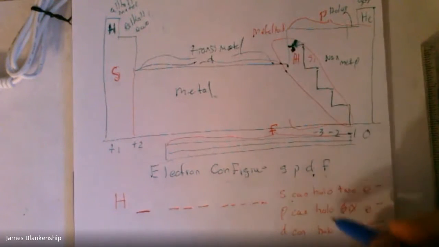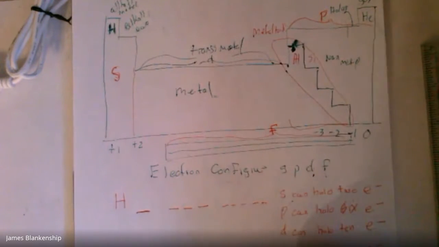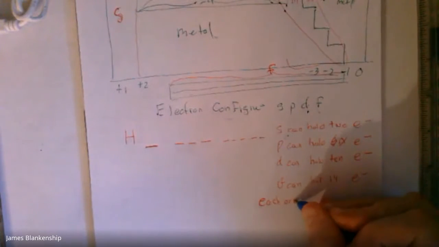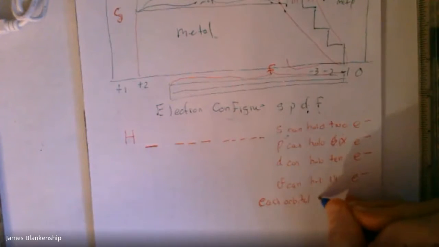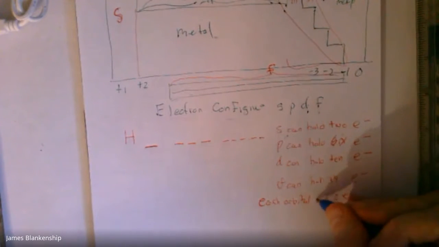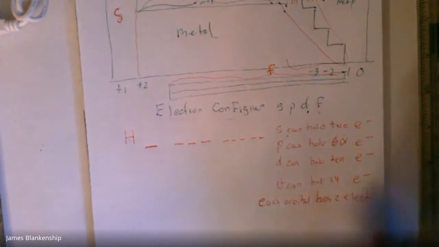Because another key critical element of this is that each orbital can hold 2 electrons. Each orbital has 2 electrons total.